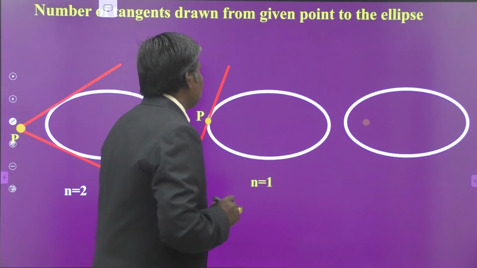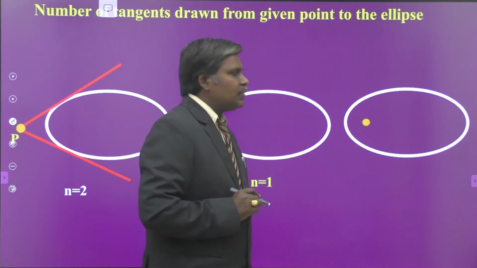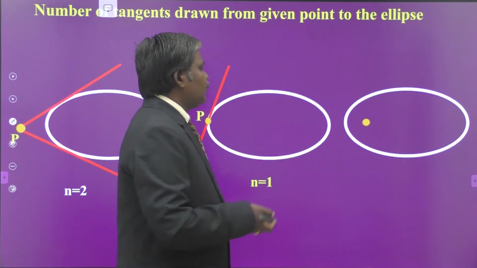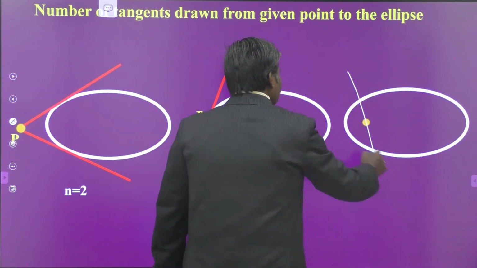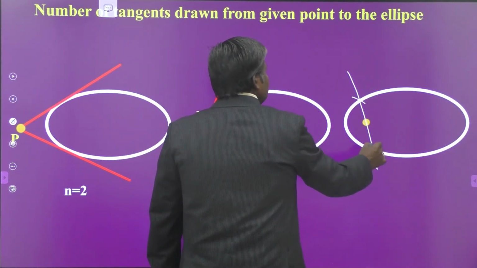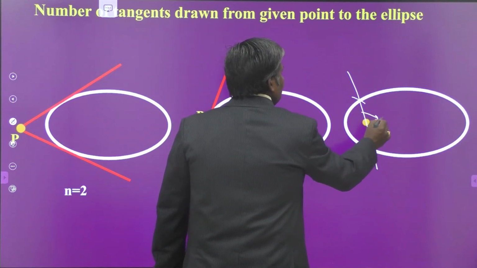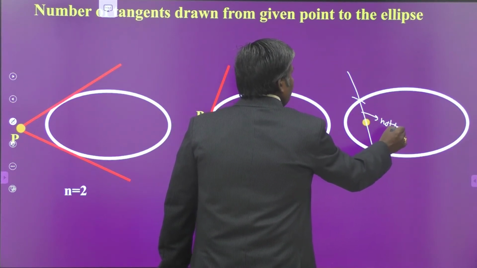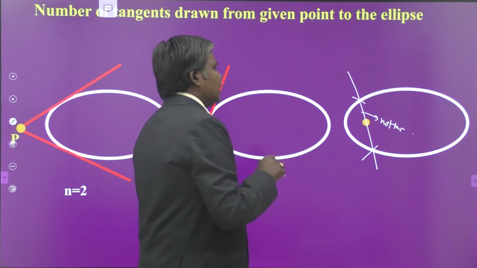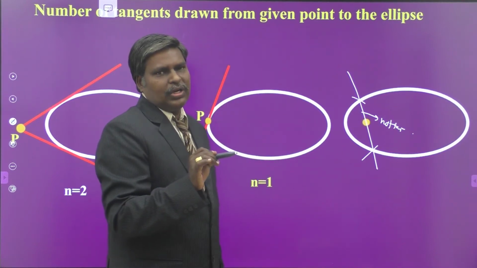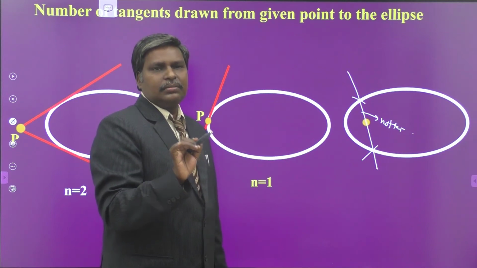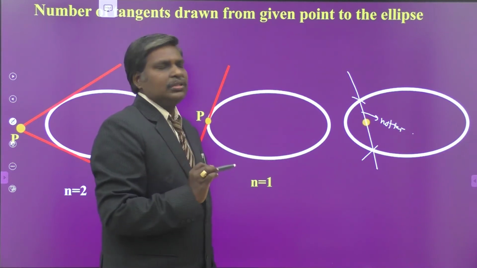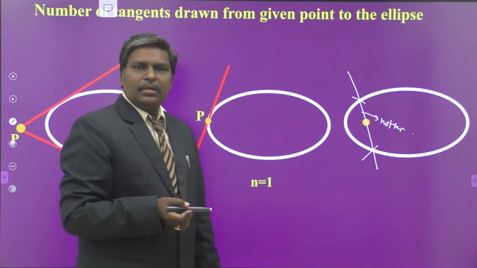Suppose this is the ellipse. Your point is inside of the ellipse. No tangents can be drawn through that point to the ellipse. If you draw a line here, this is the line, it intersects the ellipse at 2 points. So it is not tangent. Tangent means the line touches the curve at that point only. For second degree curves, that is one and only one point common to both line and curve.